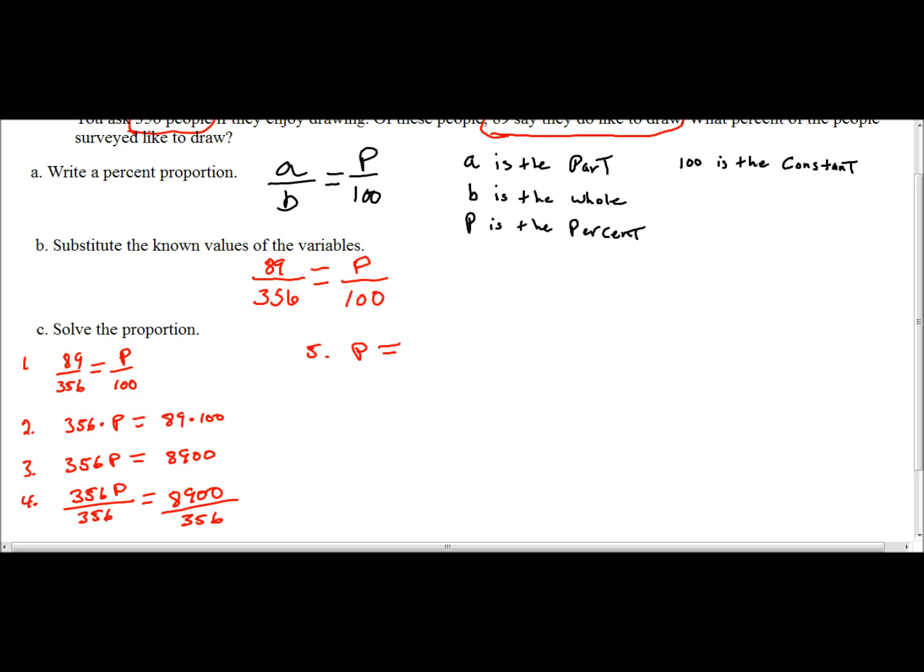So we can just go off to the side here, and remember your numerator goes as your dividend, okay, and your denominator always is your divisor, okay. Decimal here, decimal here. So 356 goes into 89.